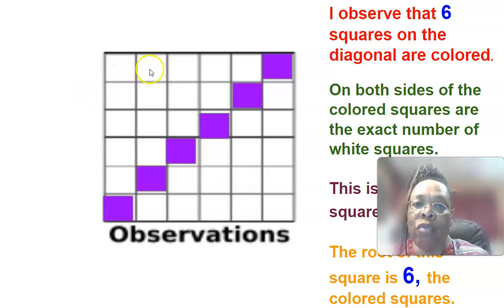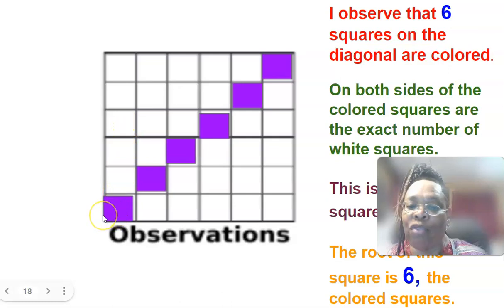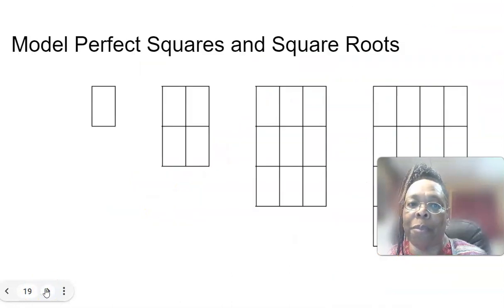It's 1, 2, 3, 4, 5, 6 times 1, 2, 3, 4, 5, 6. The root is in the center, 6.